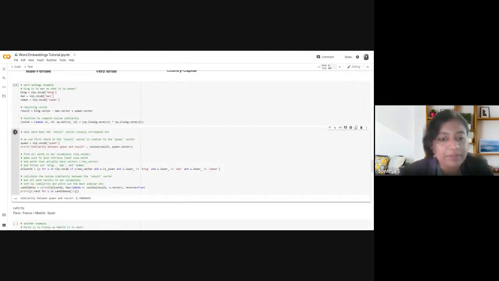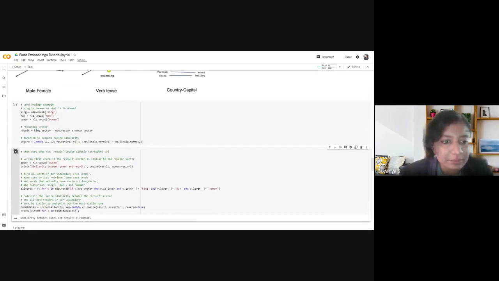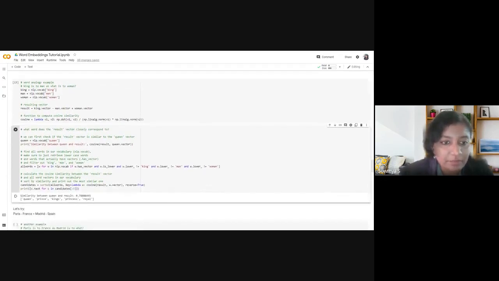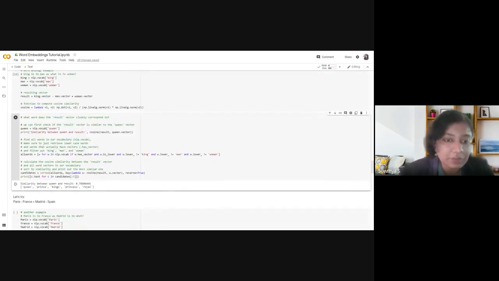It says around 0.78, and it's quite similar. Then what we do is we retrieve words that are similar; we take all the words and we remove king, man, and woman, and then we see the words closest to this result vector.